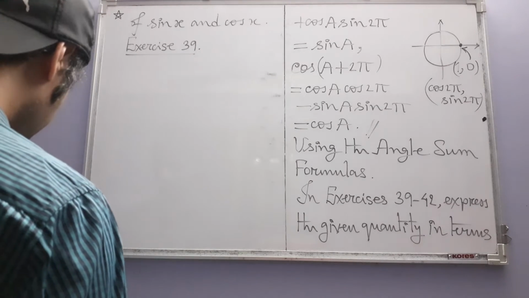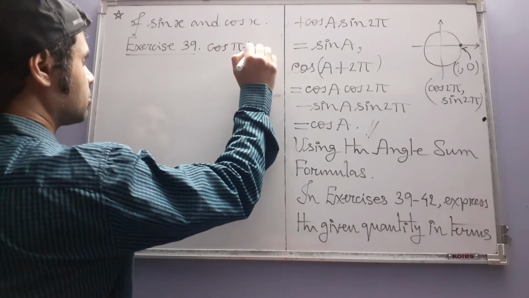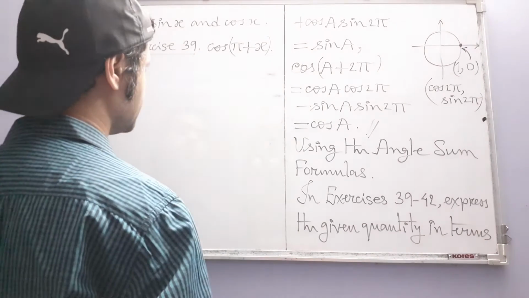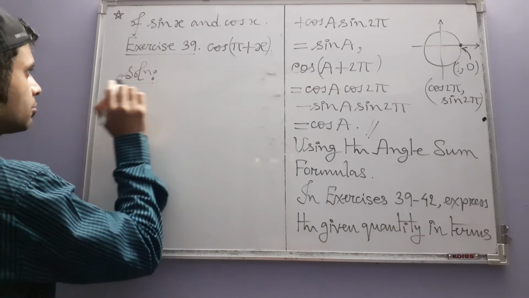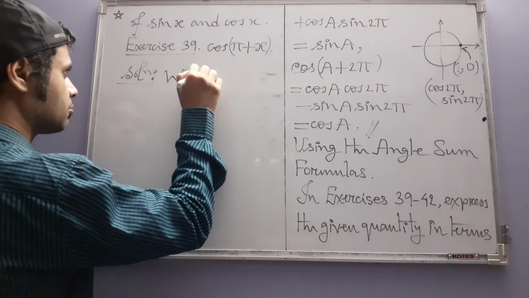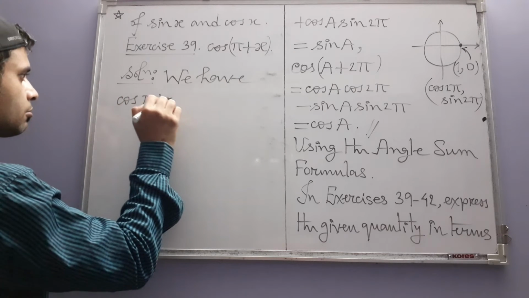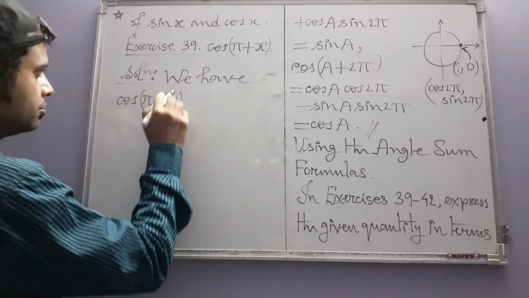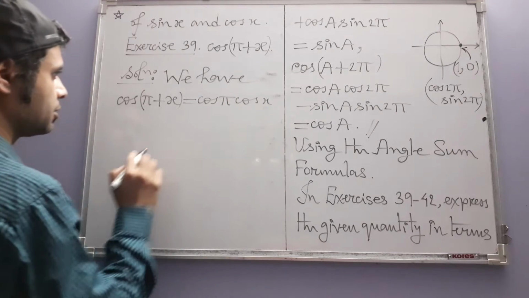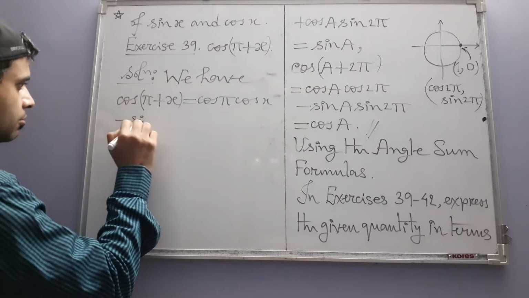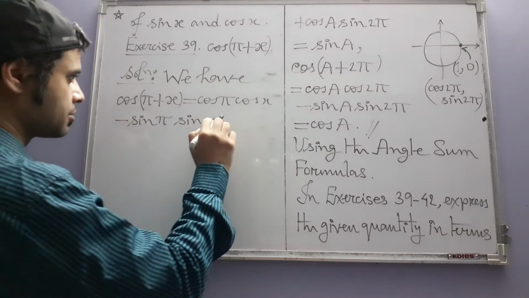So the 39th one is what? Cos pi plus x. We just directly use the formula: cos pi cos x minus sin pi sin x.